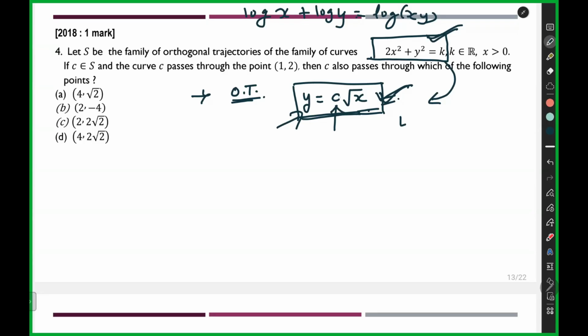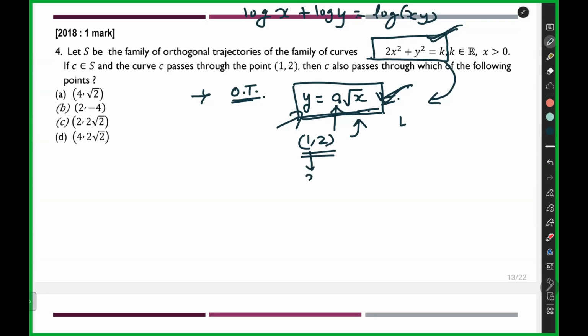C is some curve, so let's not confuse; I am taking a as the new constant. The curve passes through the point (1, 2), so it satisfies the equation of the new orthogonal family, or orthogonal trajectory. So we can find the value of a from here.